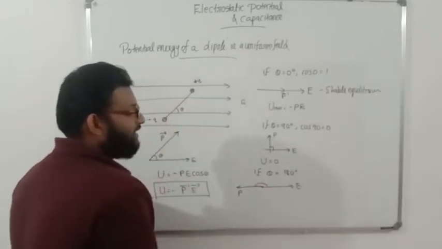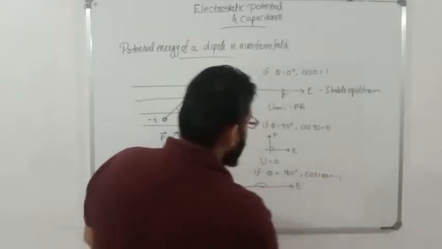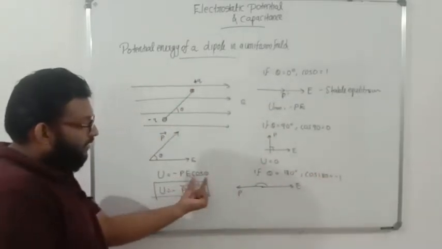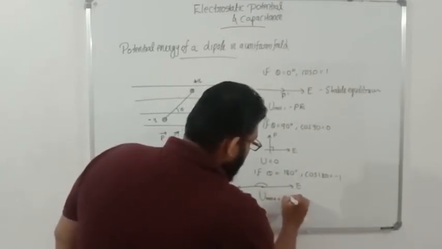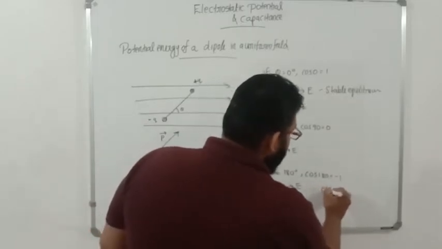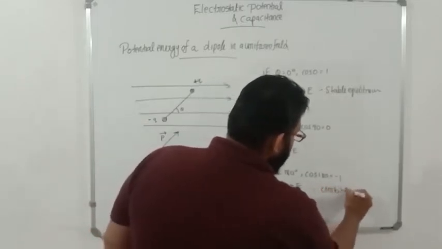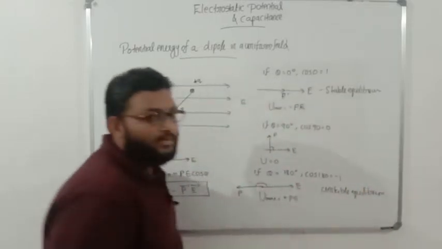They are 180 degrees apart. Cos 180 is equal to minus 1. If you substitute that over here, you will get the maximum potential energy, that is plus PE. And this is called the position of unstable equilibrium. Unstable equilibrium. Very, very important idea. Okay.